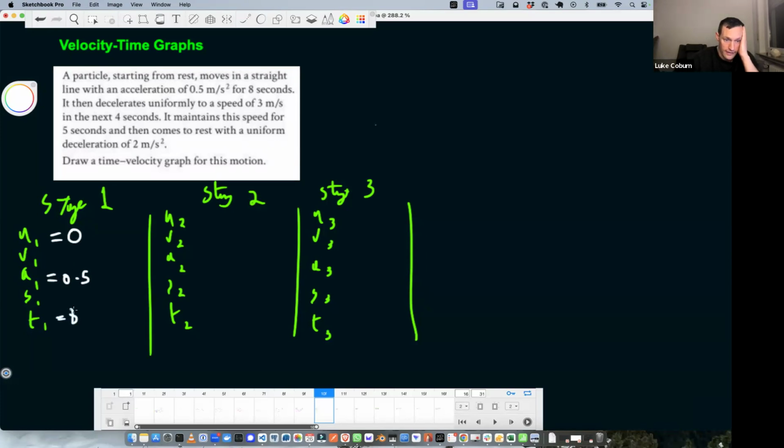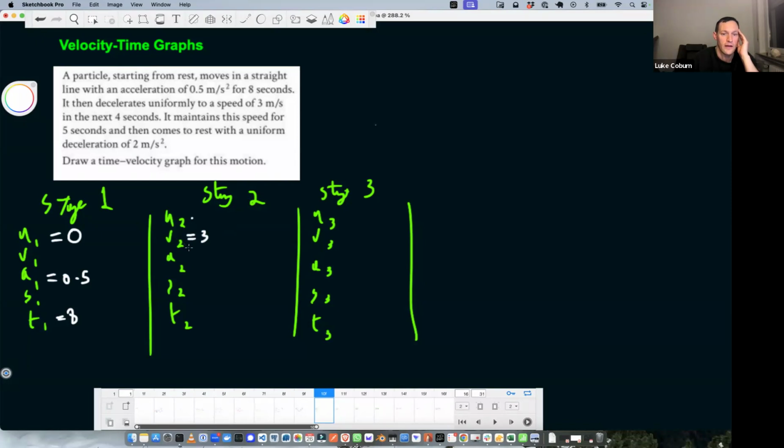And it does that for 8 seconds. It then decelerates uniformly to a speed of 3 meters per second in the next 4 seconds.